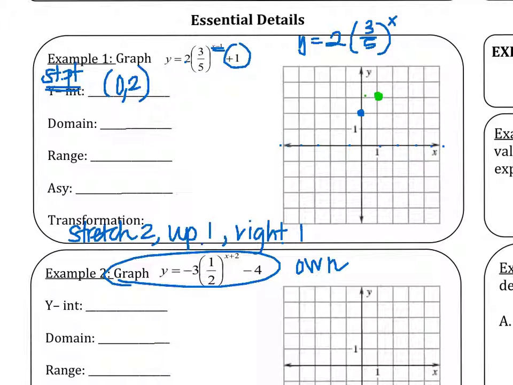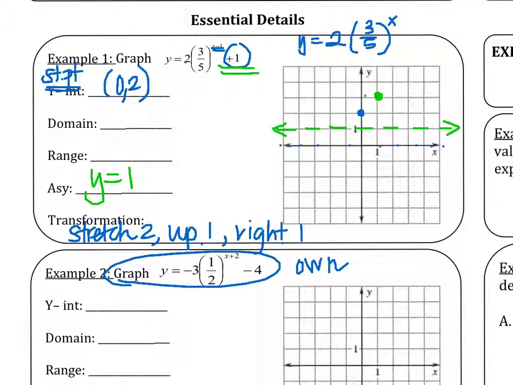What I also know, and what we talked about yesterday, is this up 1 changes where my asymptote is. So this dotted blue line is where the normal asymptote is. Because I moved it up 1, I'm going to change it so it looks something like this. Okay, so I'm going to fill this in. My asymptote is y equals 1.